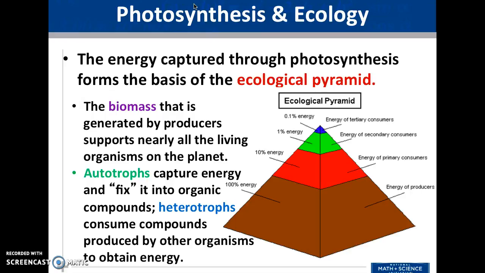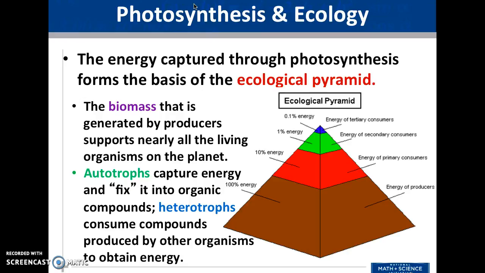The energy captured throughout photosynthesis forms the basis of our ecological pyramid. So if we think back to our ecology unit, the producers make the purest form of energy in the largest amount. For the amount of energy they take in versus put out, the scale weighs towards the output, which means that they're producing a lot of energy with very little use of that energy for its other processes.